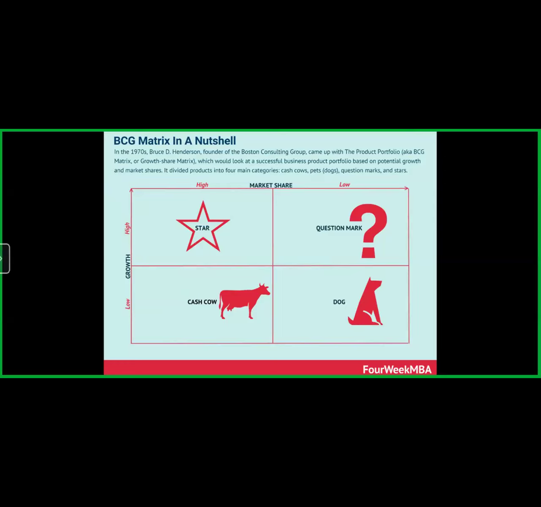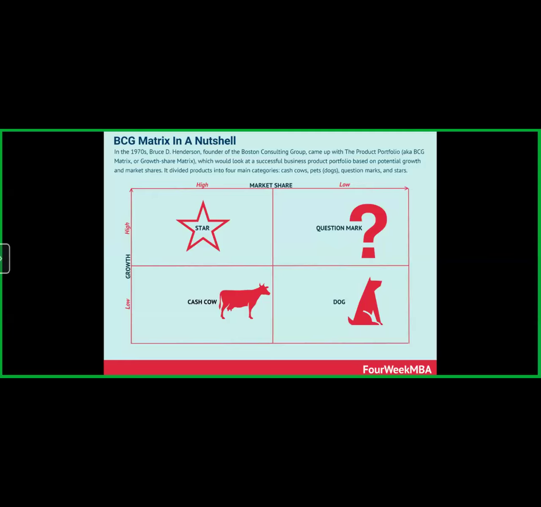Now, the BCG matrix is a model which makes the organization understand its potential growth and market share. So these two things the organization can understand with the help of this BCG matrix. Now, on the screen, you can see that four squares or four quadrants are there.